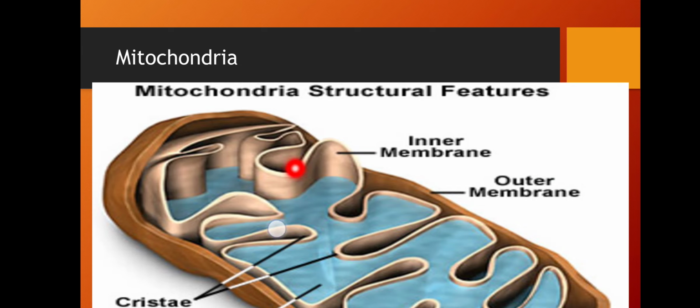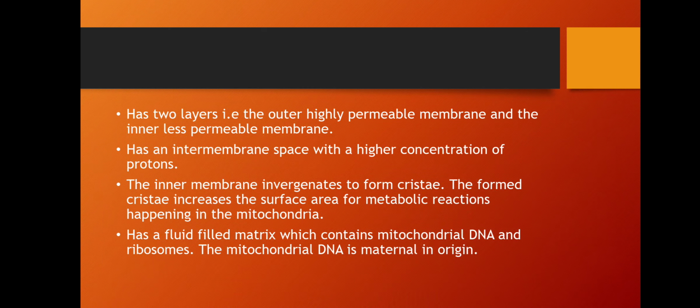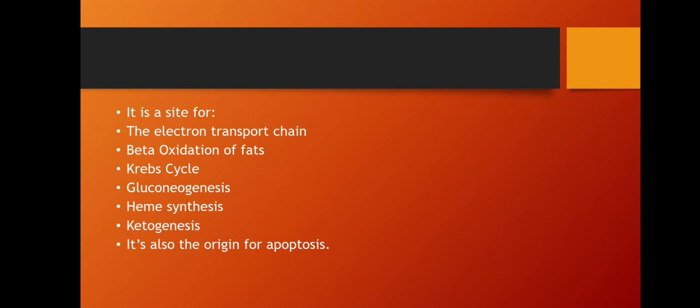These foldings and invaginations form the cristae, and it is these invaginations and foldings that increase the surface area for metabolic reactions. Then it also has a fluid-filled space called the matrix, which contains mitochondrial DNA and ribosomes. The mitochondrial DNA is maternal in origin.